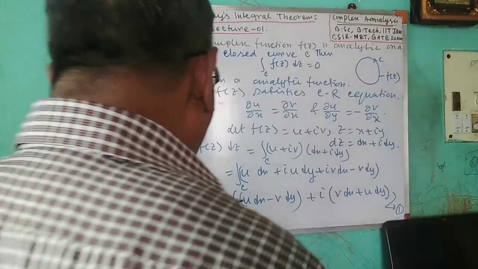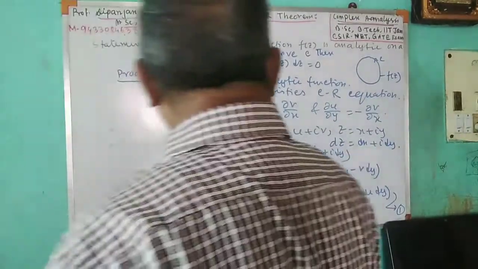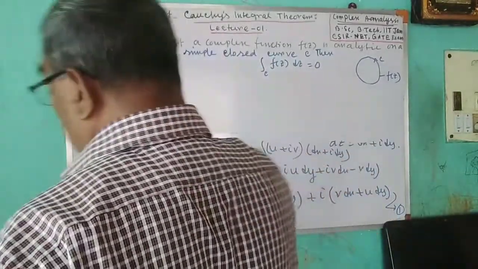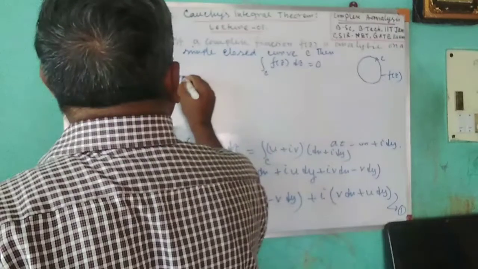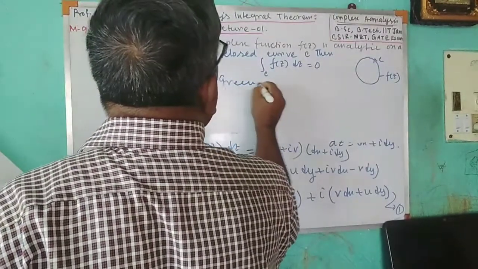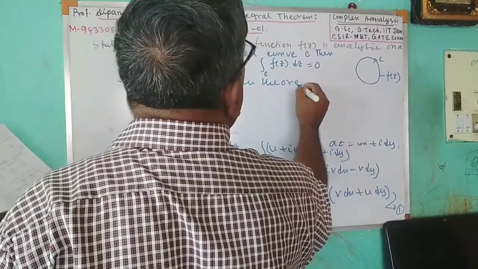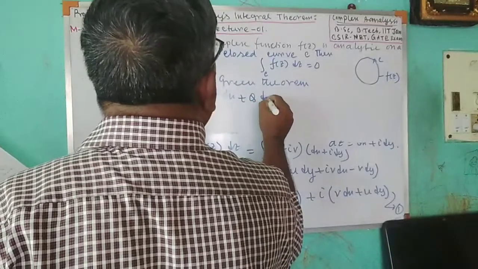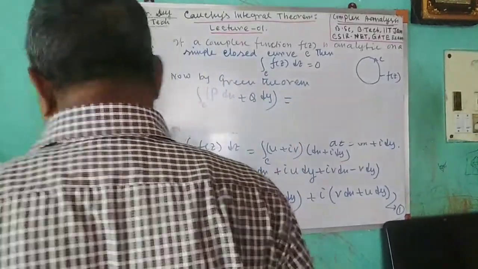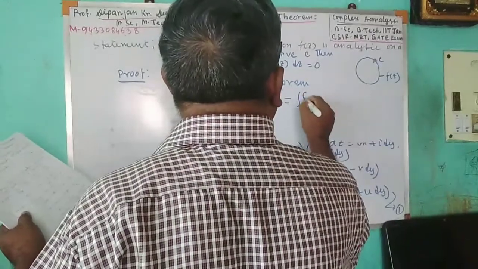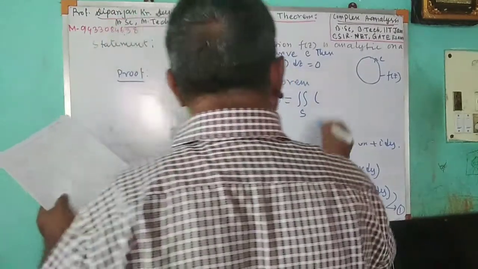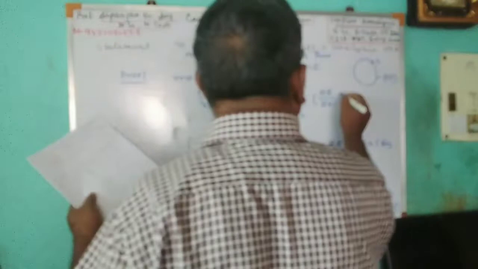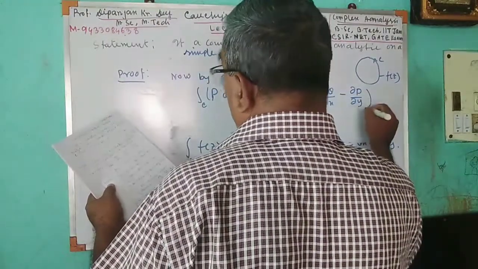Now by Green's theorem. You know very nicely what Green's theorem is. Green's theorem says that the integral of P dx plus Q dy equals the double integral of (del Q by del x minus del P by del y) dx dy.